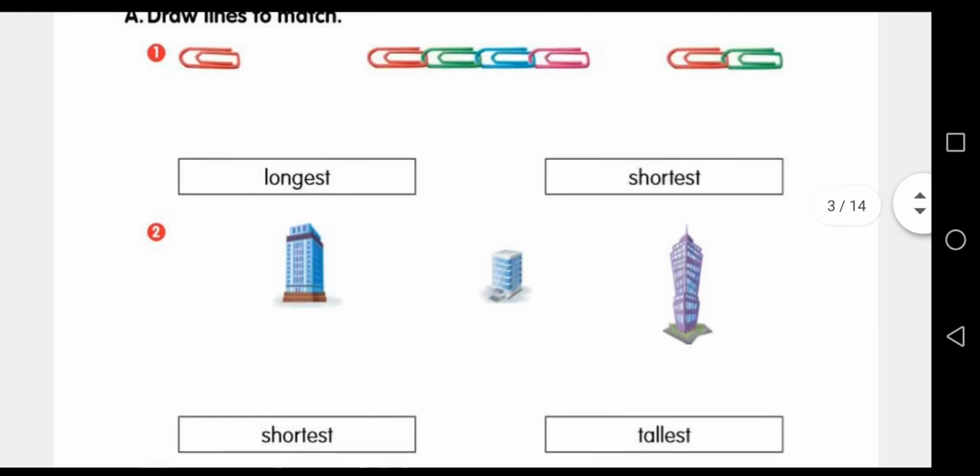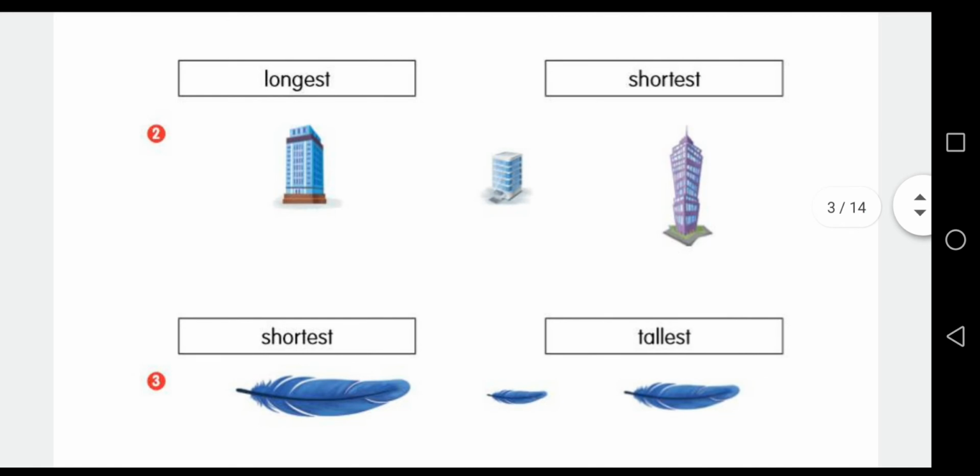Next, I have 3 buildings. I have number 1, number 2, and number 3. Now, which one is the shortest? Is it building number 1, building number 2, or building number 3?